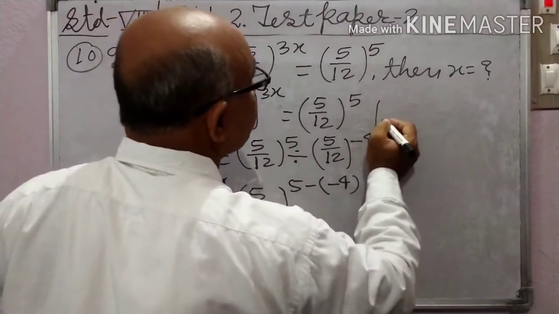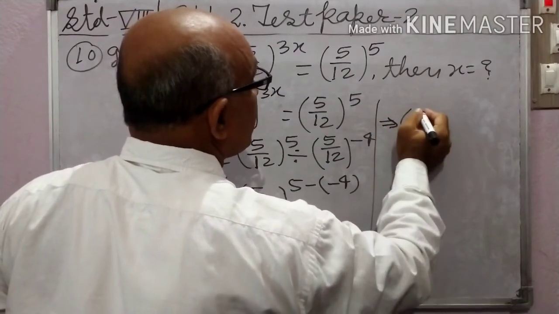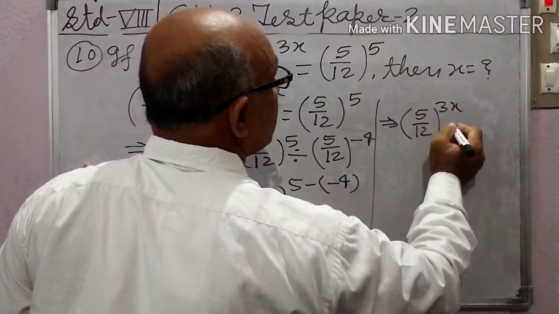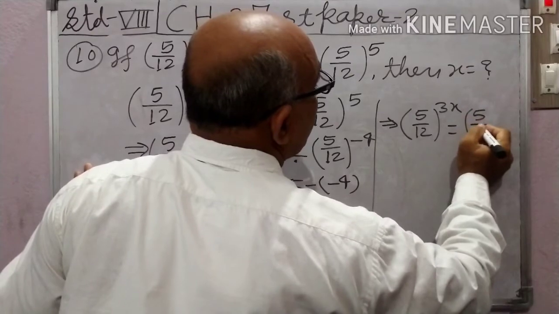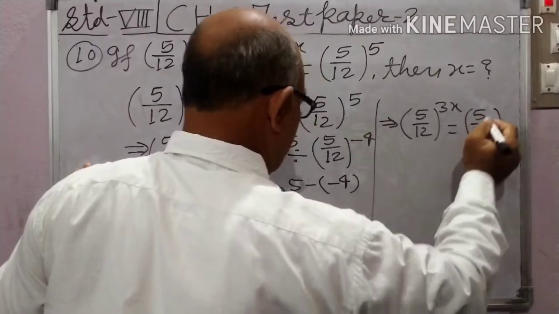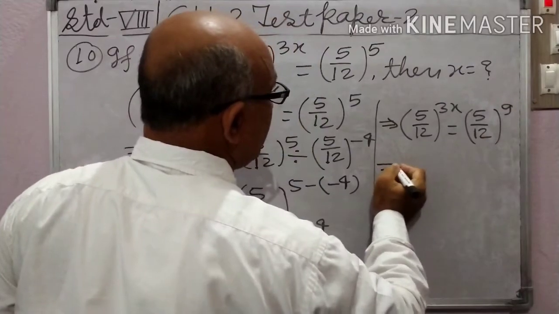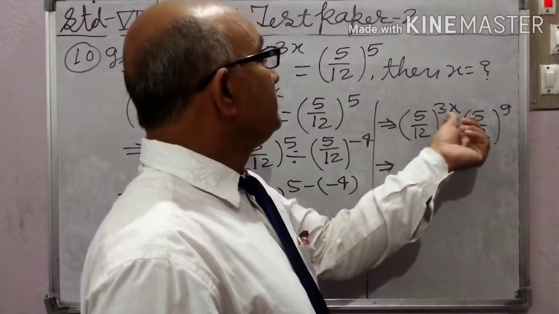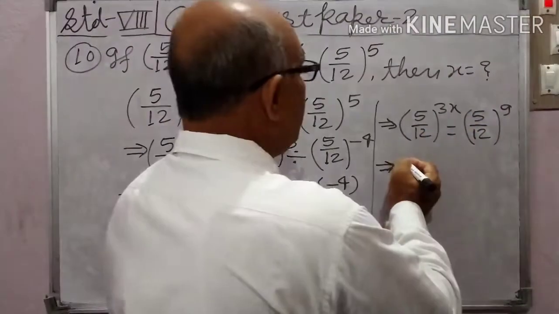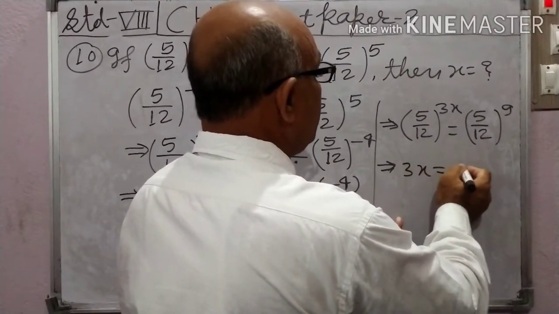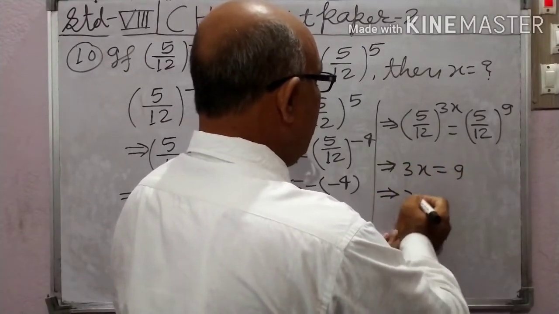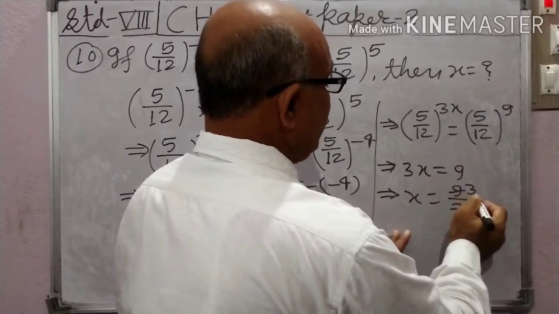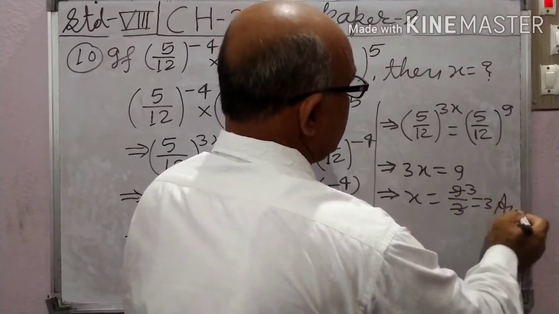Next step here, 5/12 to the power 3x equal to 5/12 to the power 9. That implies comparing both sides, bases are equal, then exponents are also equal. So 3x equal to 9. That implies x equal to 9/3. 3 3s are 9. So 3 is the answer of this question.